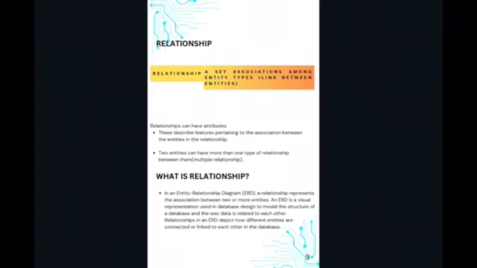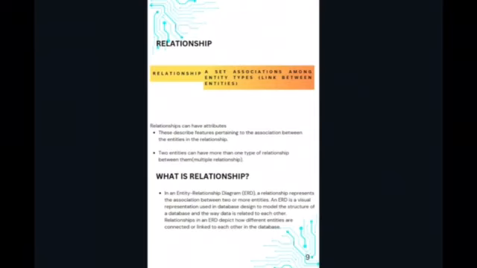The last one is relationship. What is a relationship? A relationship is a set of associations among entity types, a link between entities. A relationship can have attributes.